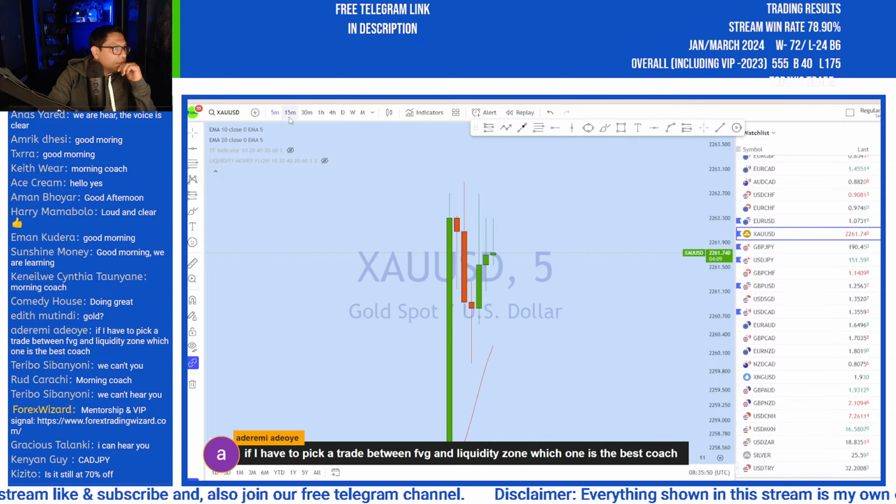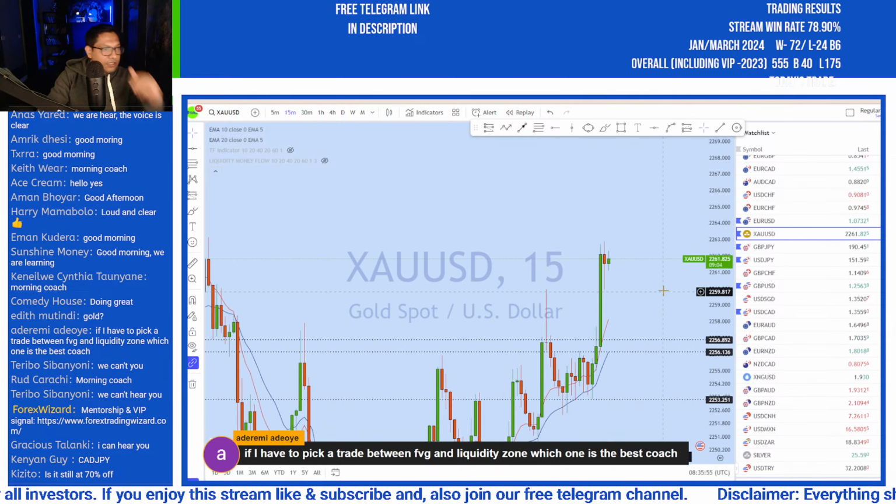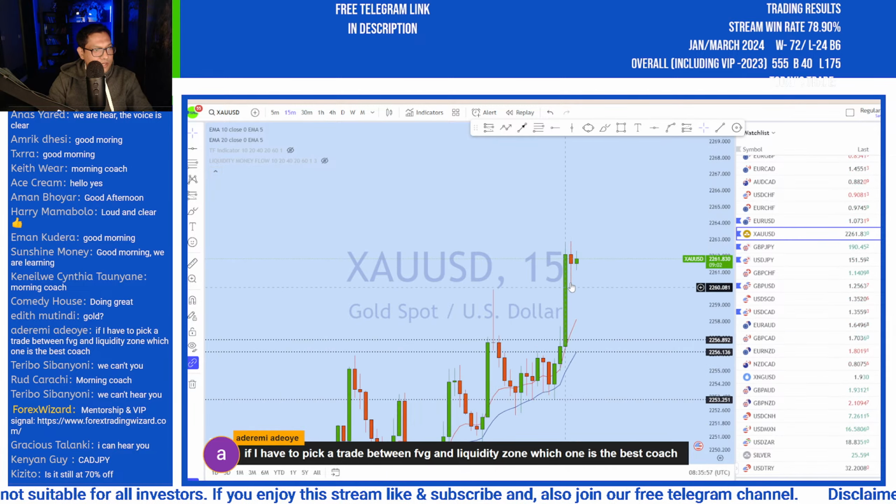It is important to see that it is giving us a liquidity candle in that area, then we can look for another entry.